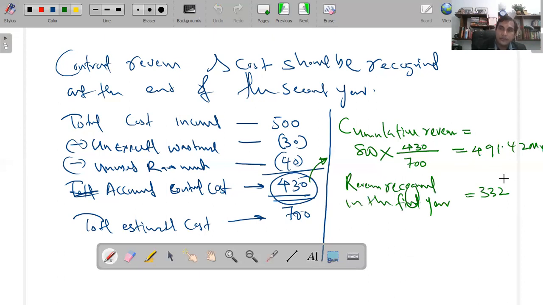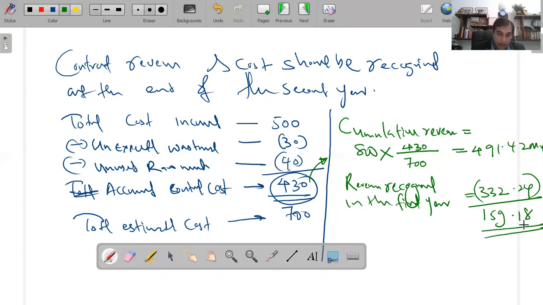332.24. Now you can take the figure 491.42 minus 332.24, that is 159.18.